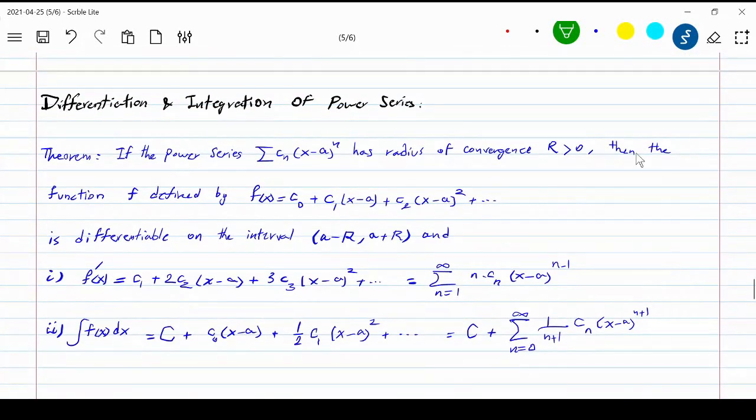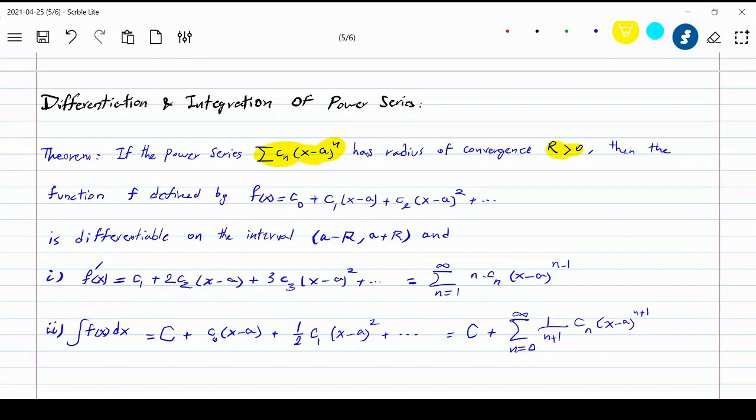Now, we can talk about differentiation and integration of a power series. It's nothing different than what you do generally with polynomials. So let's assume that we have a power series centered at a and has a radius of convergence. If the radius is 0, then we have only one number.